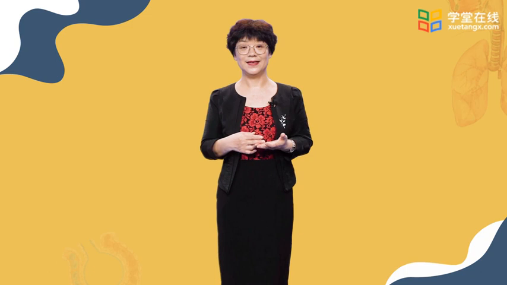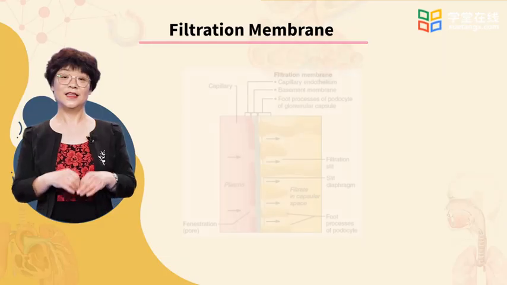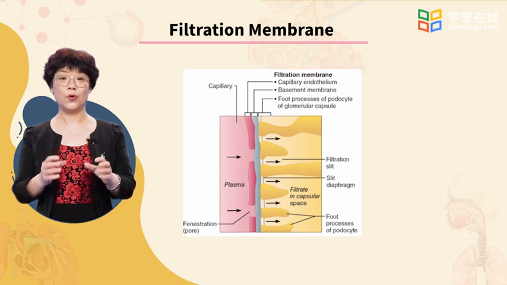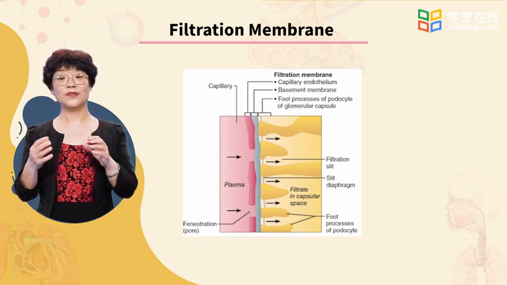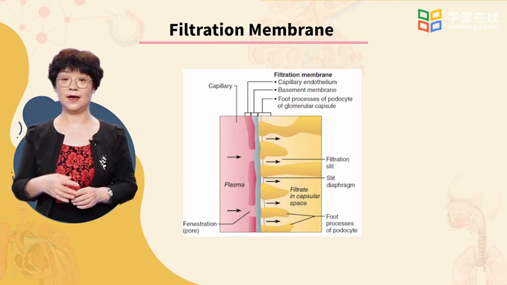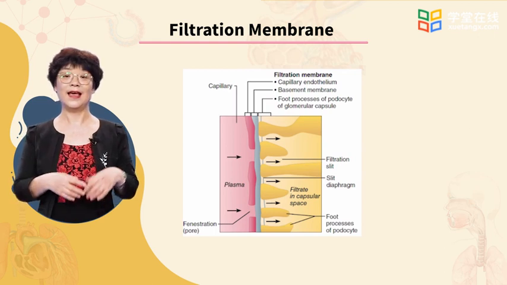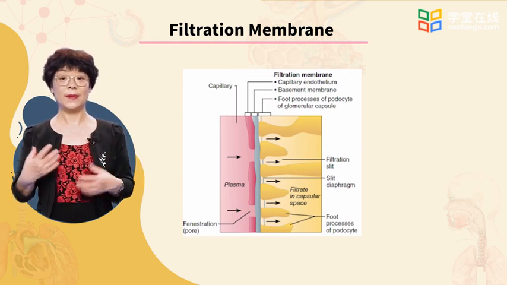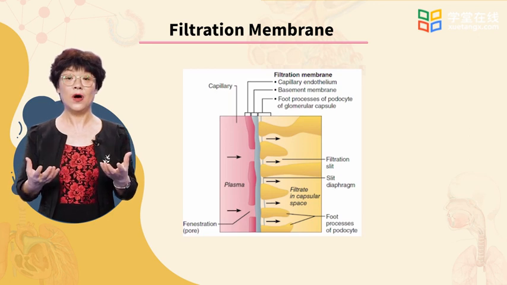Filtration membrane is composed of 3 layers: glomerular capillary endothelium, basement membrane, and visceral layer of Bowman's capsule. The filtration membrane is porous. It allows free passage of water and small solutes like ions, glucose, amino acids, and metabolic waste.